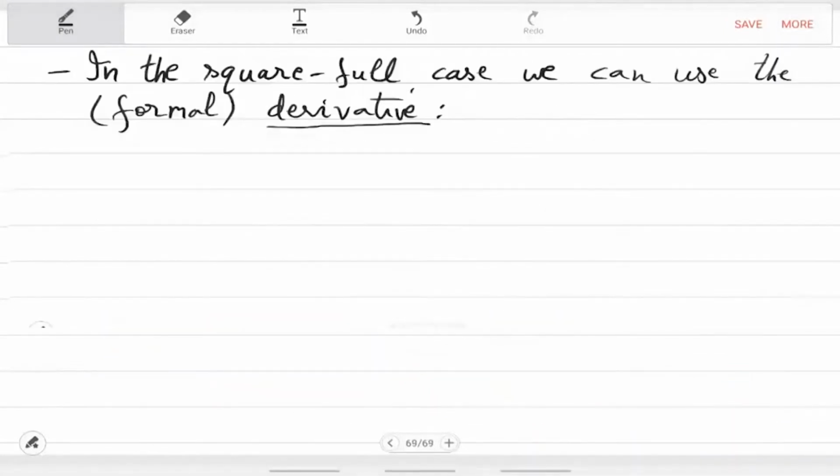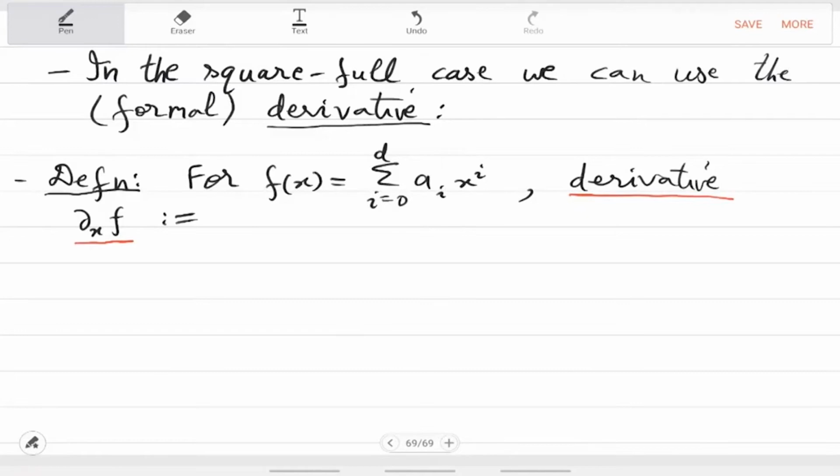So in the squareful case we can use the formal derivative. So what is the derivative of a polynomial? For f(x) equal to sigma a_i x to the i, of degree d, with only one variable, the derivative is denoted by dou x f. And what is that?